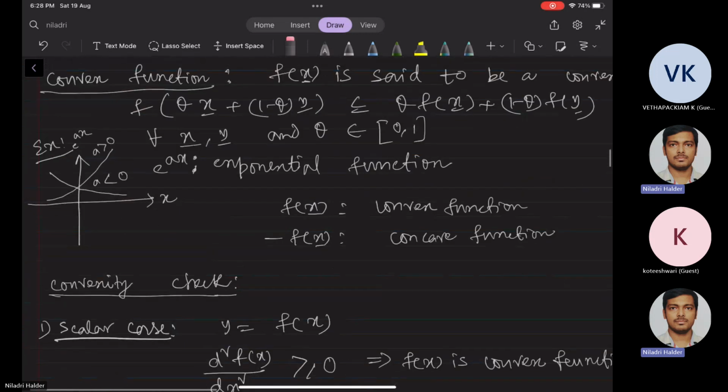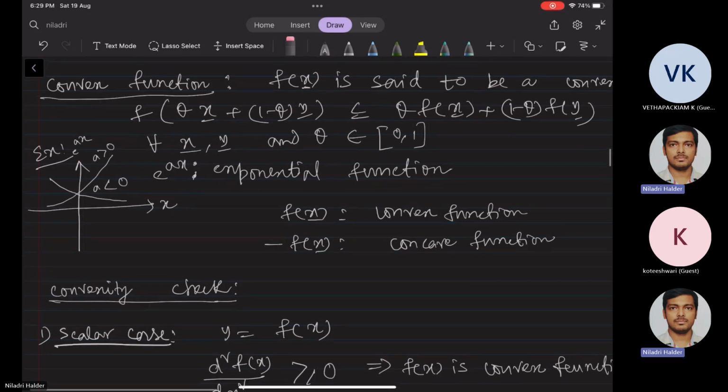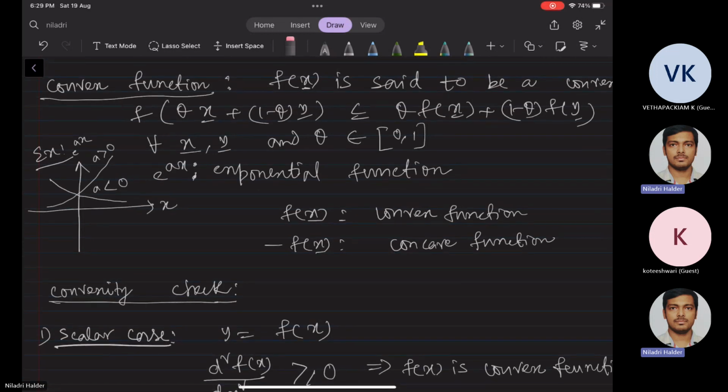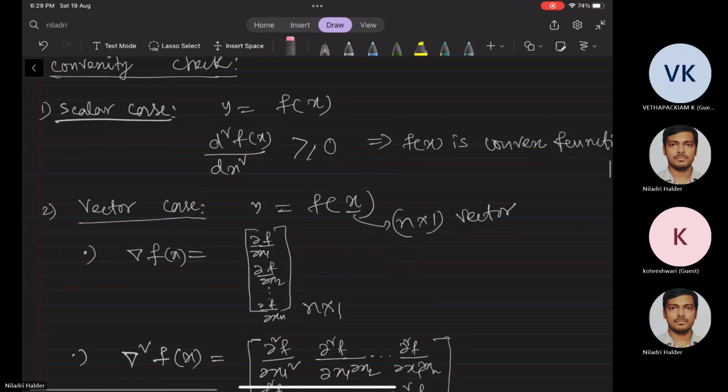In the sample problems I defined what a convex optimization problem is: the function to be minimized should be convex, the constraint set should also be convex, and a convexity check is needed.